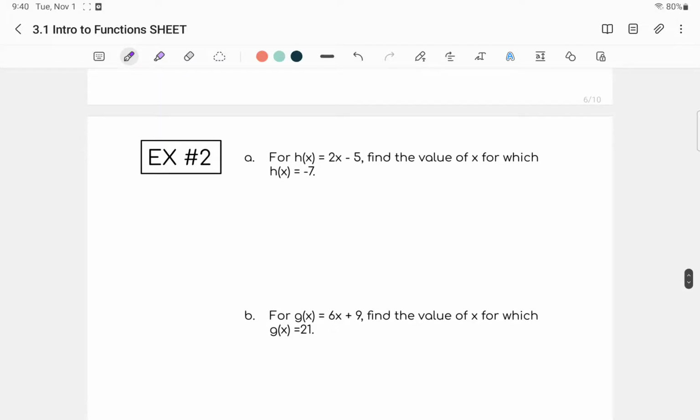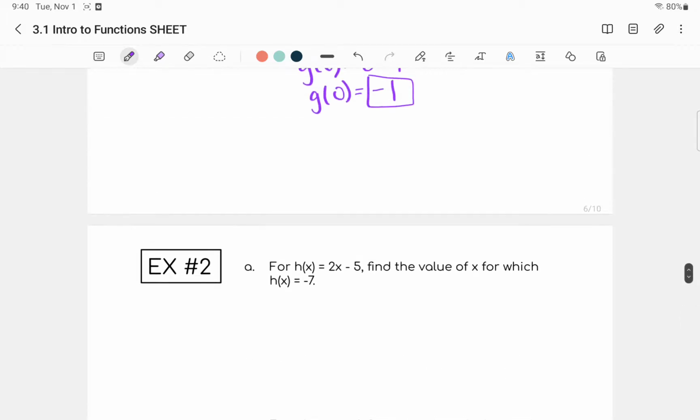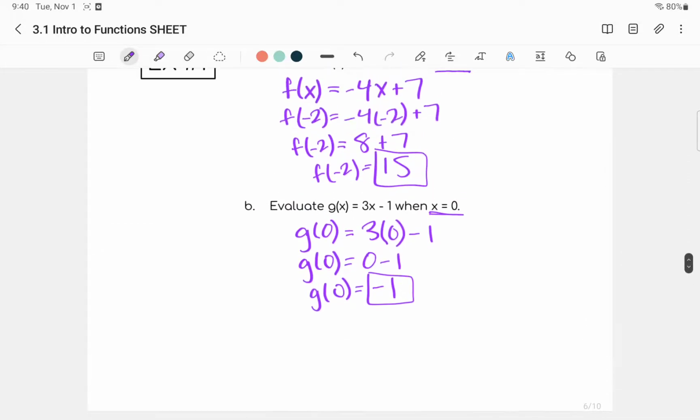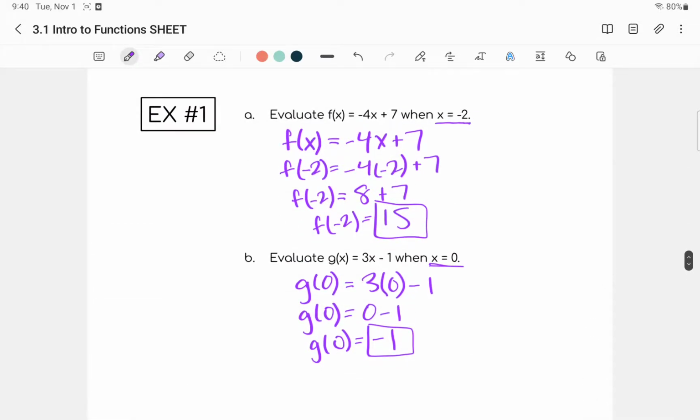So this is for h of x equals 2x minus 5. Find the value of x for which h of x is negative 7. So up here, it wanted us to evaluate, or basically find the output when given the input.